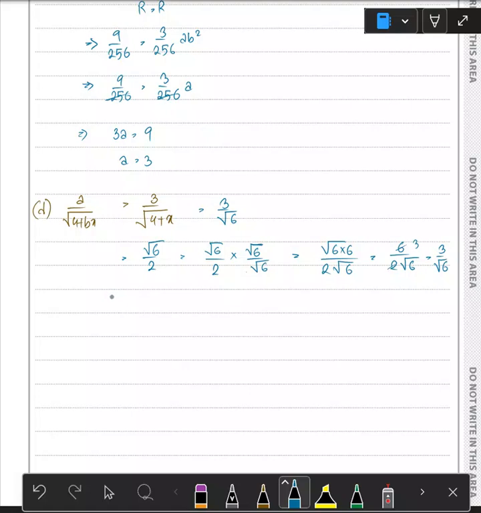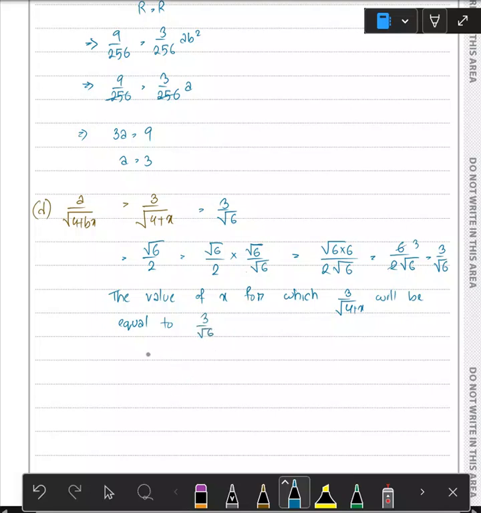Writing the value of x for which 3 by root of 4 plus x will be equal to 3 by root 6.